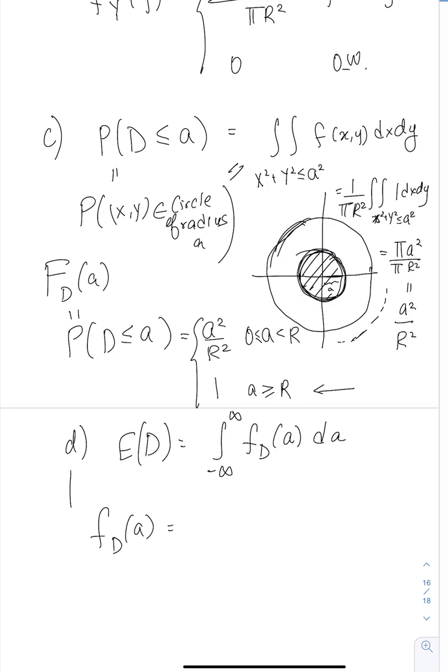This is the derivative of the CDF. So what will that be? That'll be 2a over r squared if a is between 0 and r. Okay, it's never negative.